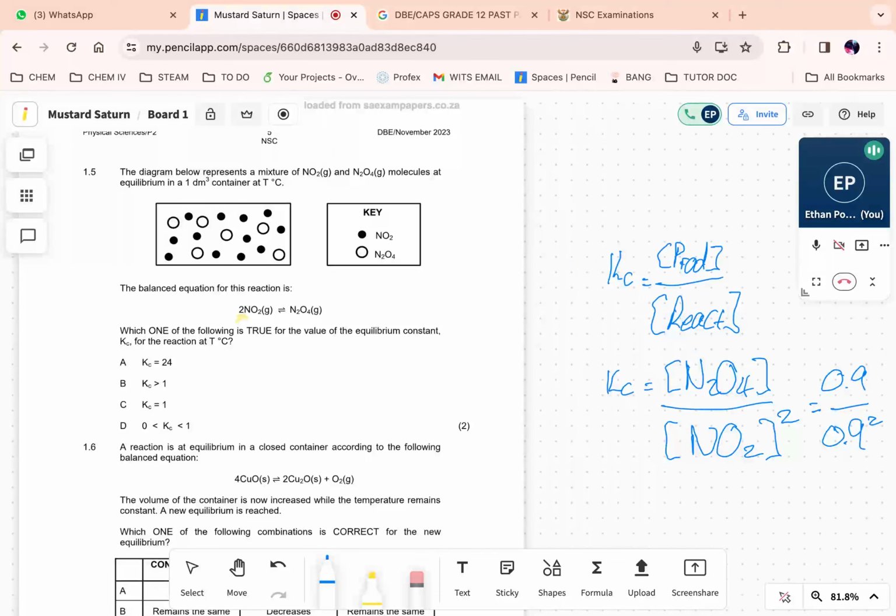Or any other number, just some number really close to 1. And what you'd realize is that Kc is definitely bigger than 0, but it's definitely less than 1 because of this exponent in our denominator. So the only answer that matches is D.